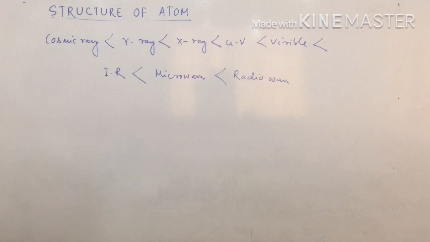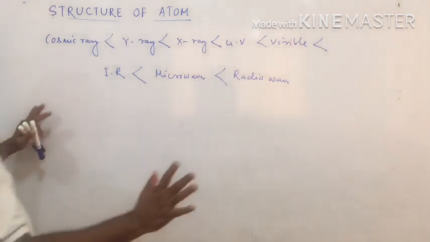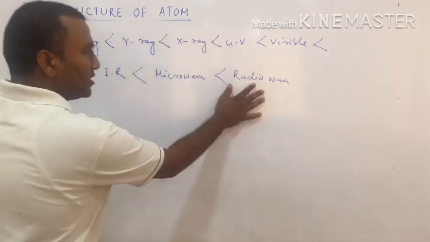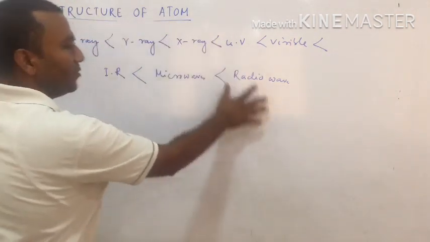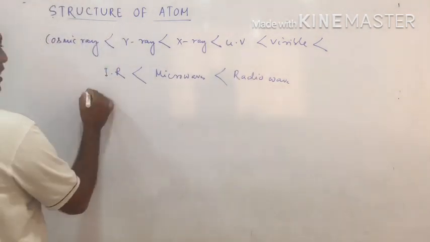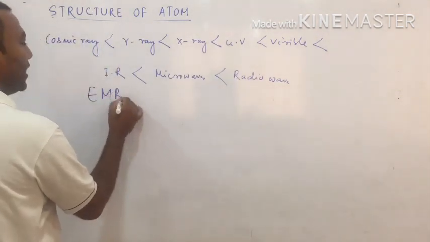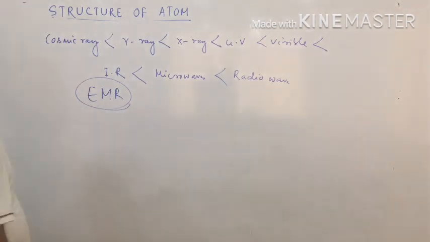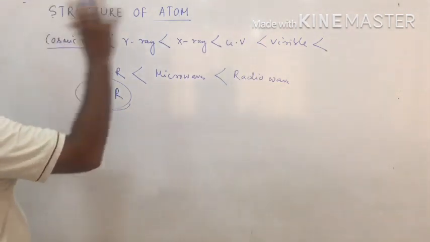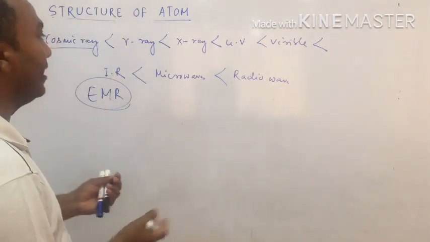Cosmic rays are obtained from cosmic, heavenly bodies.